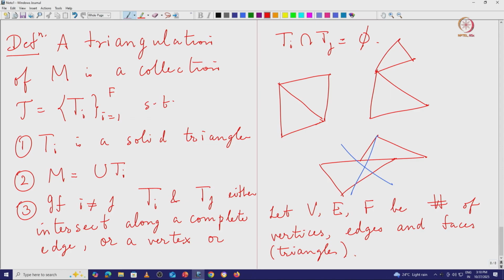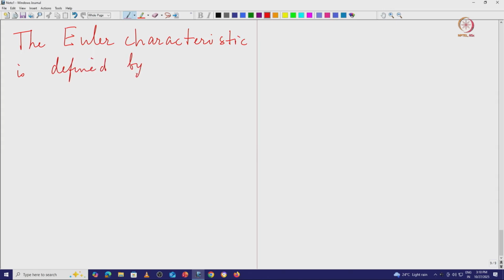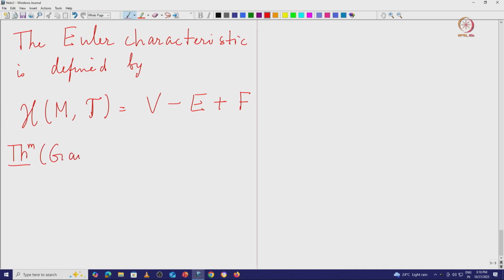Then one defines the Euler characteristic, one denotes it by chi M of this triangulation. This is simply the alternating sum of the vertices, edges and faces. Okay, so then the global Gauss-Bonnet says the following.